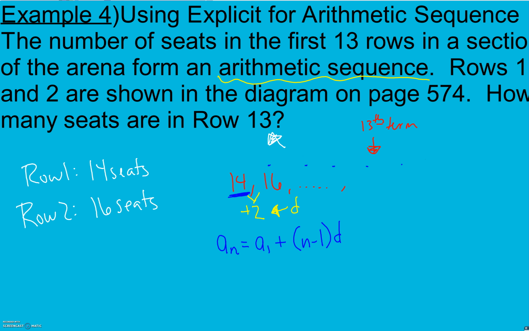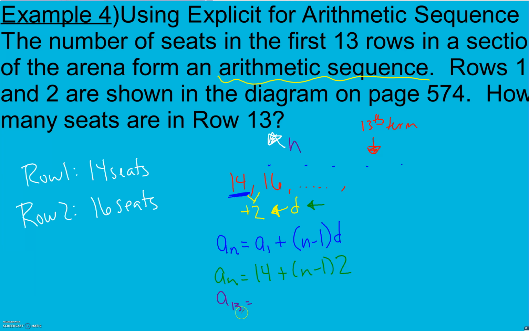Here, we know some values. We know our first term is 14, and we've determined that our common difference is 2. To find the 13th, we plug 13 in for n.